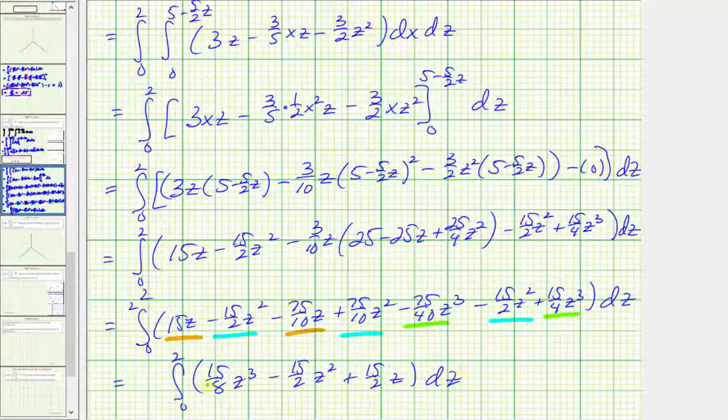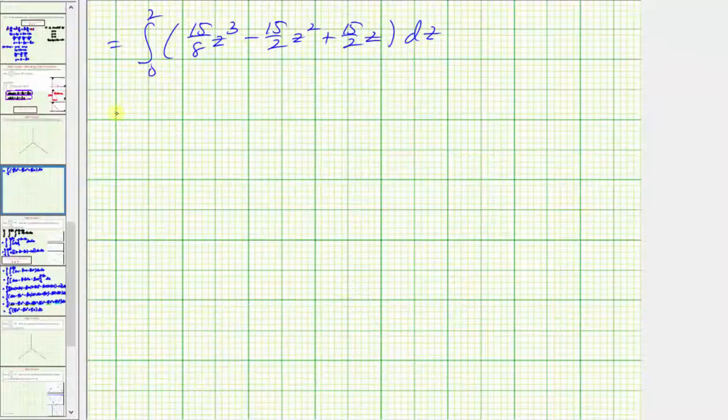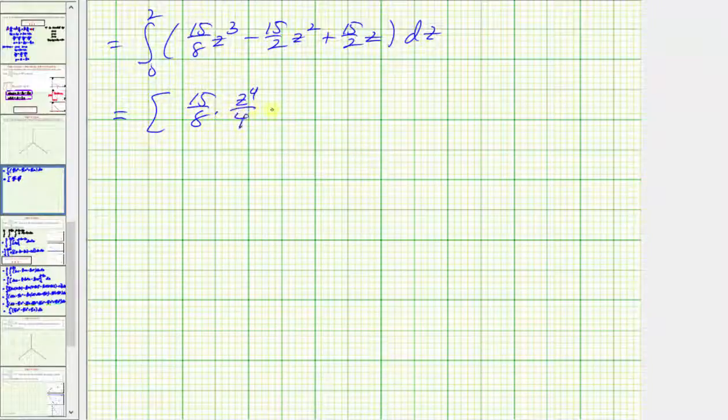And finally, we integrate with respect to z. So the antiderivative is going to be 15/8 times z to the 4th divided by 4, minus 15/2 times z to the third divided by 3, plus 15/2 times z squared divided by 2.